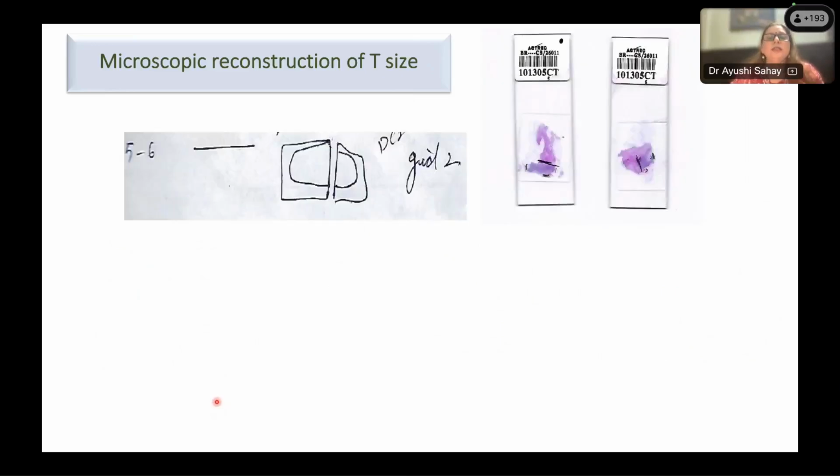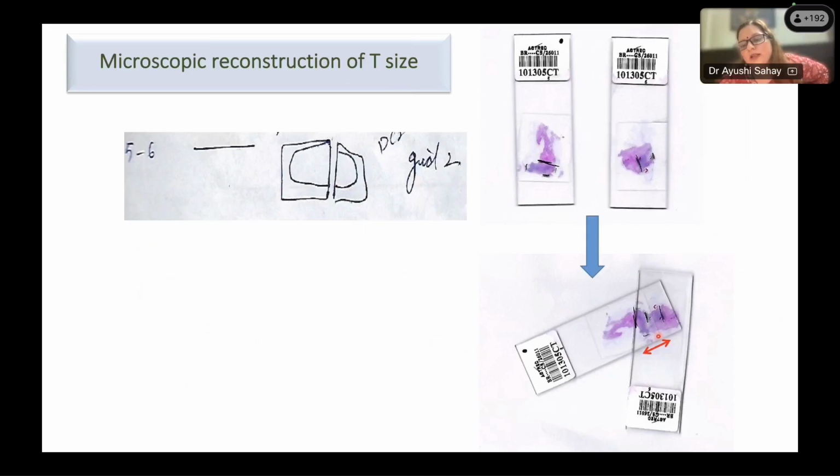So here in this grid, I could see that there is a tumor given in this way in two sections. When the sections are taken by the technicians, the orientation can be anything. They are not always in the same orientation as the diagram has been drawn. So with the help of the diagram, you can join the slides together and get an idea of the size of the tumor, and check whether it is matching what was thought grossly.